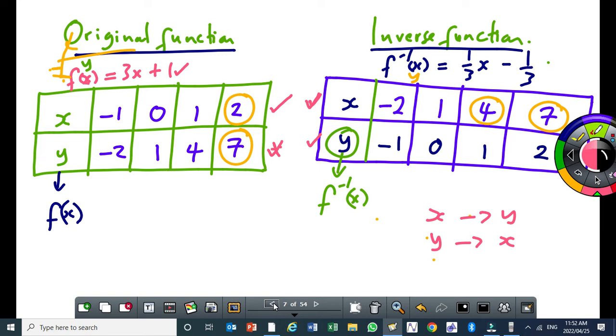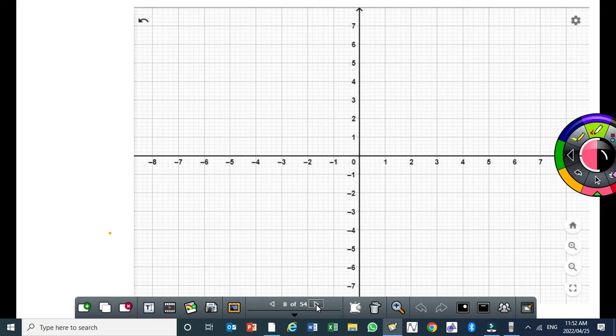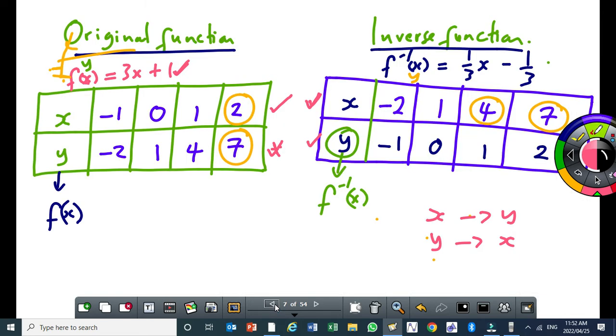So let's start with the f of x. My y-intercept is 1. I know that. So I'll go to my graph. It means 1 is here. Can you pay attention and look, please? And then, what is my x-intercept? My x-intercept, I have to put y equal to 0 here.